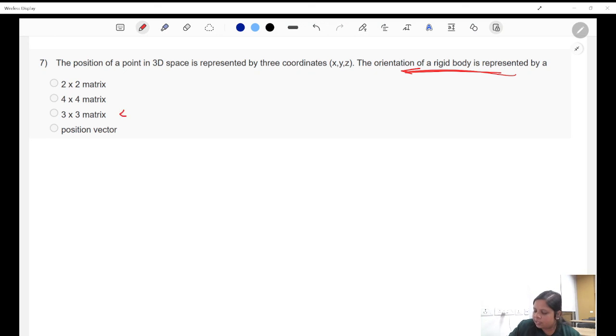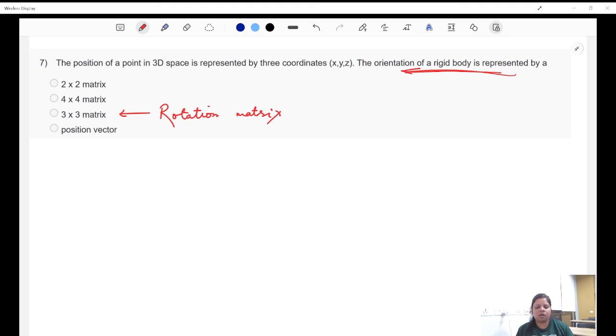So you have already seen it in your lecture. It is the rotation matrix. Okay. So the position of a point in 3D, the orientation can be represented with the help of a rotation matrix. So you saw already, right, that when you have a point in space in some coordinate system, and then you shift the frame, then the coordinate point can be represented in that frame as well.